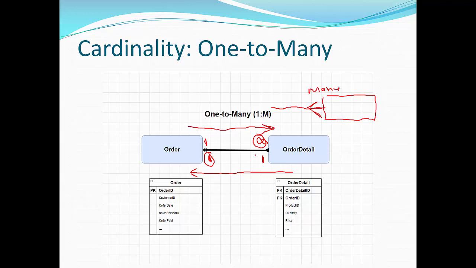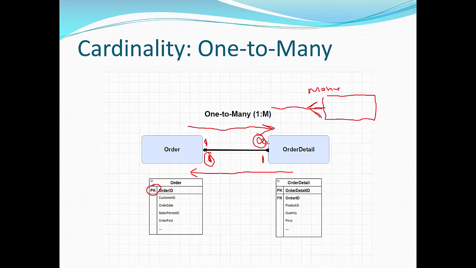Okay, so now that we know that it's a one to many cardinality, what does it tell us? It tells us that the entity on the one side would have to be the primary key. As we have seen here, the order is on the one side, and that is why the primary key is on the order entity, like the order ID. So what does that mean for the second entity? Well, the second entity is the many.